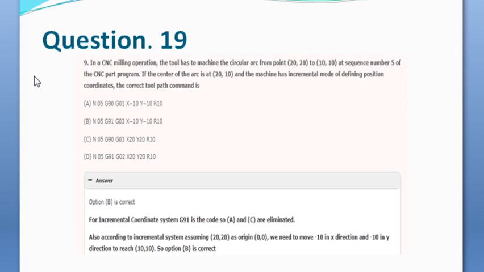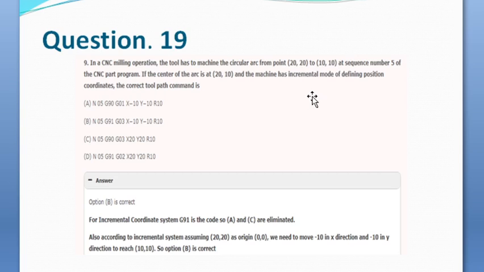You understand the question: the circular arc starts from the point 20,20 and goes to 10,10. The arc starting point and end point are in sequence number 5. There are 4 options, and all the statements are sequence number 5. N represents the sequence number. Starting point 20,20 to 10,10.